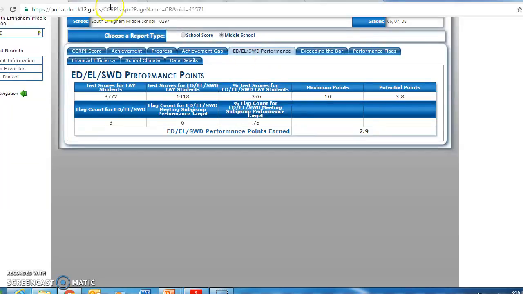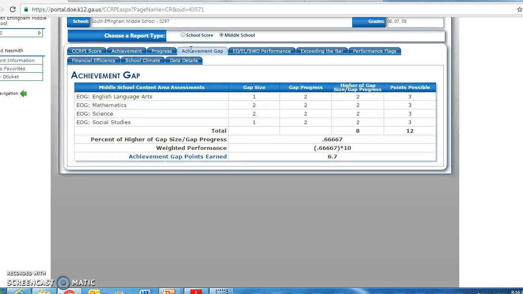And so, you know, when we look at the other areas, they are just easier to understand.